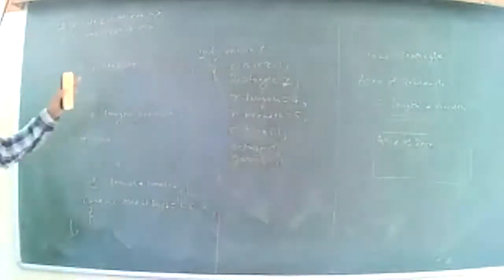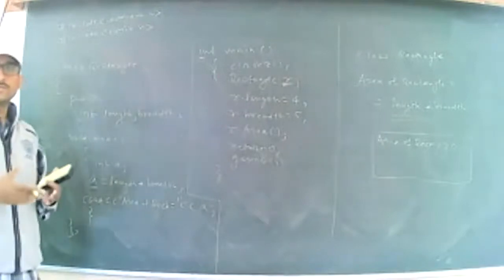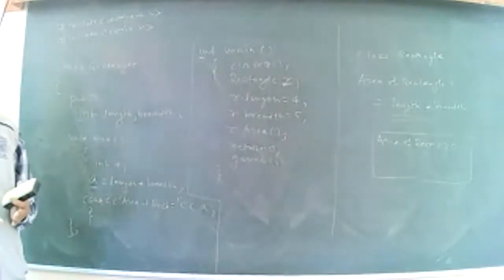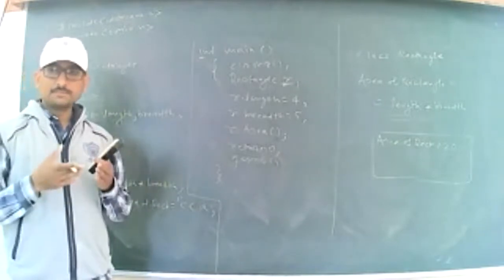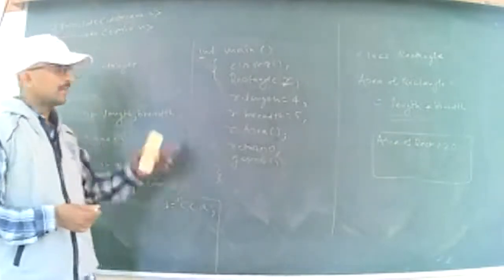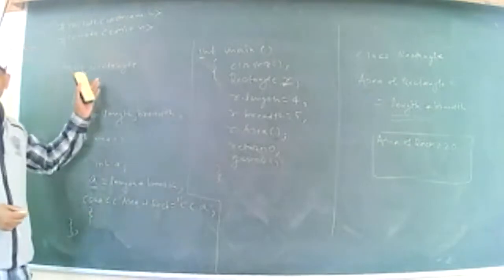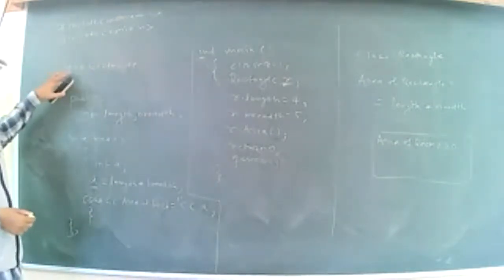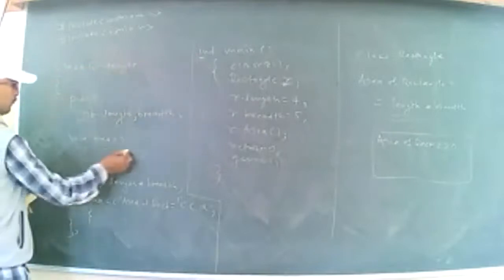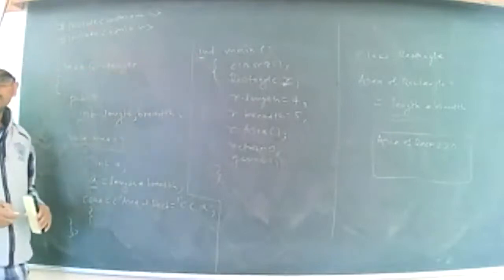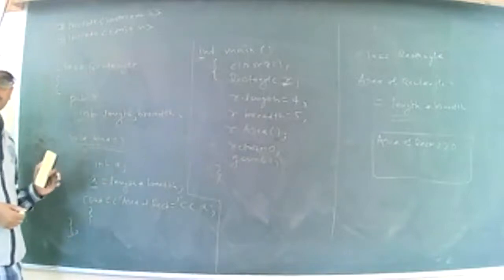So likewise, you can write the program by using object-oriented programming concepts. This is a program which we have written with the help of class and objects, and we also have one method in our class.